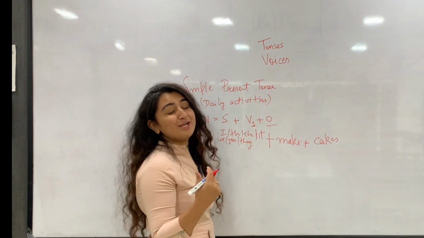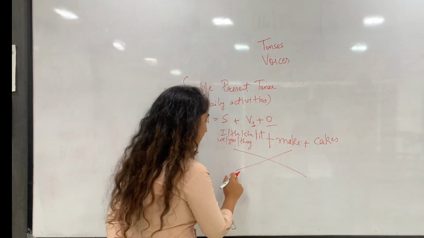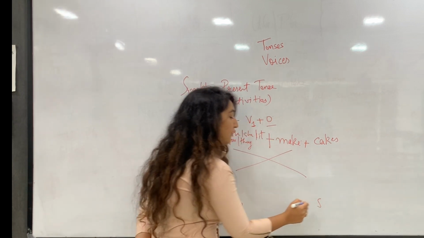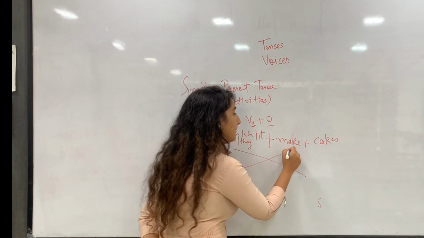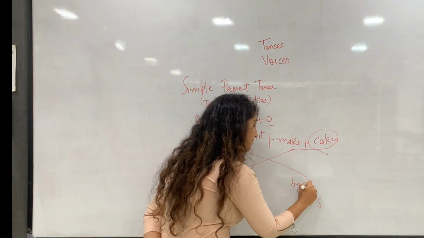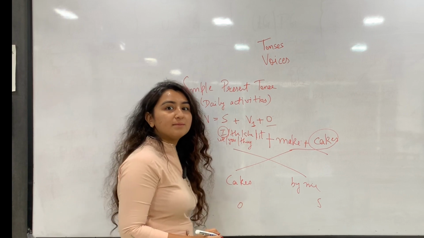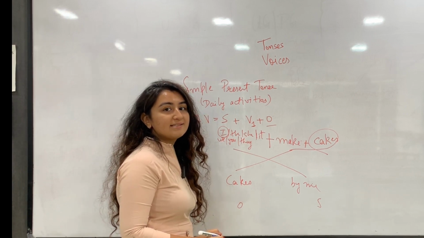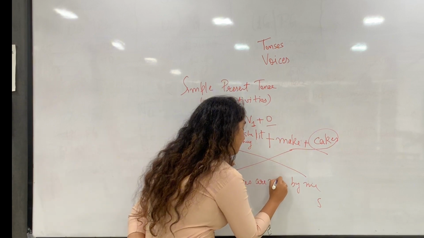So, passive voice is really very easy. You just have to make a cross. Object you have to put ahead and subject you have to take behind. Cakes by me, right? When I goes into subject, we put it as me, right? Okay, cakes are made.